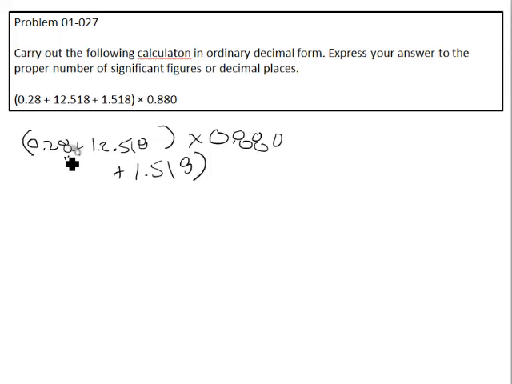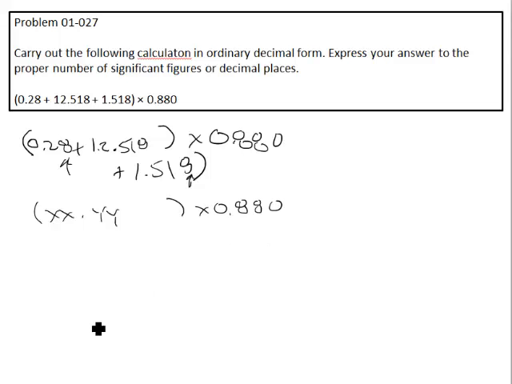This case has 2 decimal places, and the others have 3 and 3. So our answer when we add these can only be expressed to the tenths and hundredths place. So that's what's going to go in here, tenths and hundredths, x, y, y. And then it's going to be multiplied by 0.880.